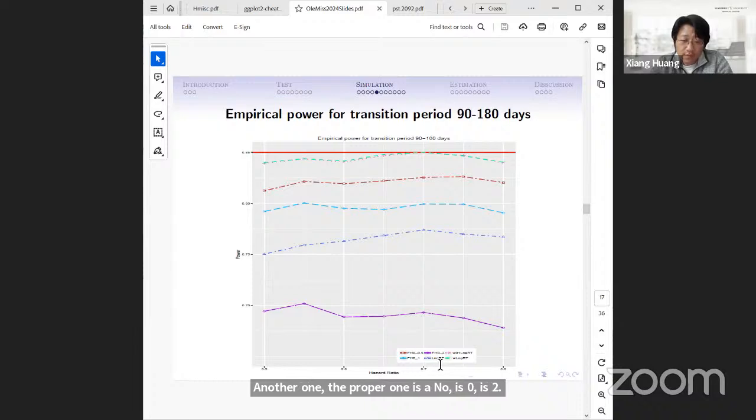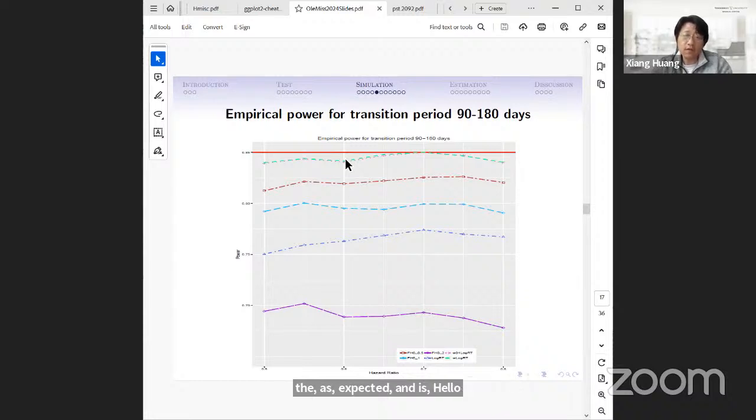And the standard log-rank test is this dark blue one, which is close to 75% in the middle. So in this scenario, our method behaved as expected, close to 85%.